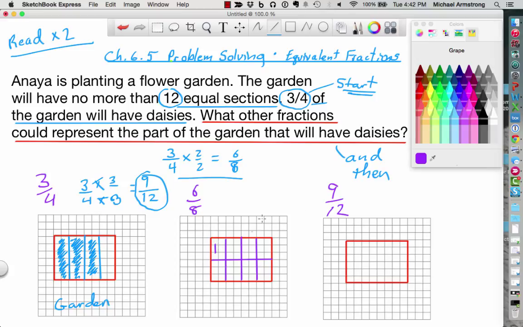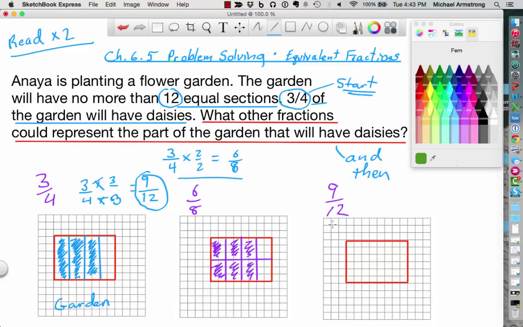There's 1, 2, 3, 4, 5, 6. Does that look exactly like my 3/4, just twice as many pieces and half as big? They should be the same amount, and they really are. Let's change colors one more time, maybe a green.